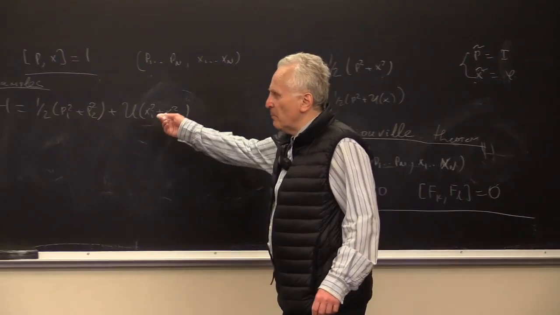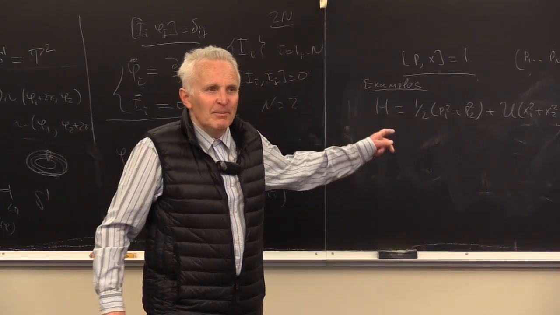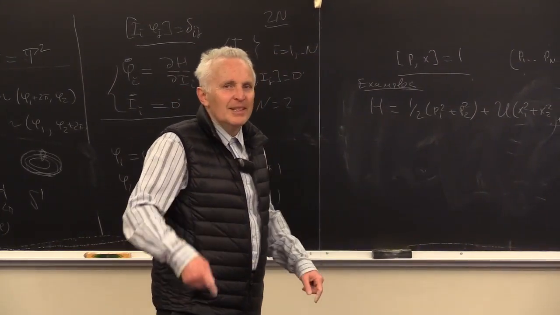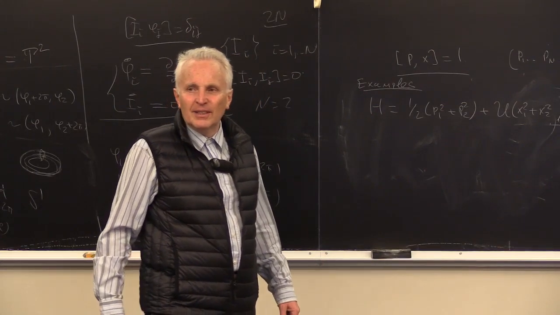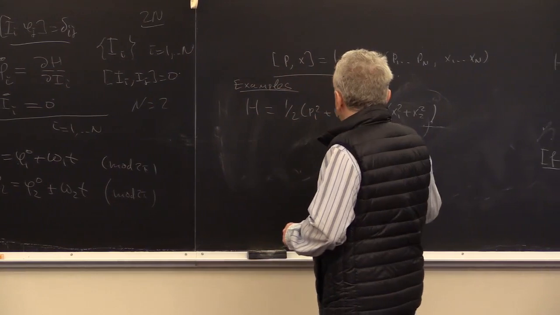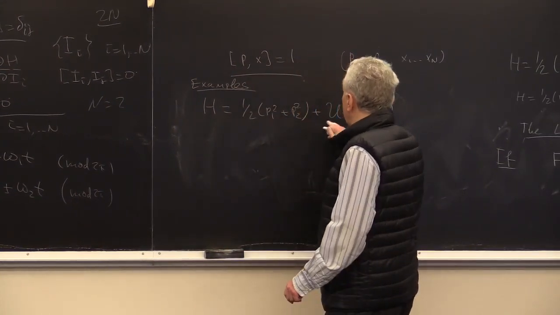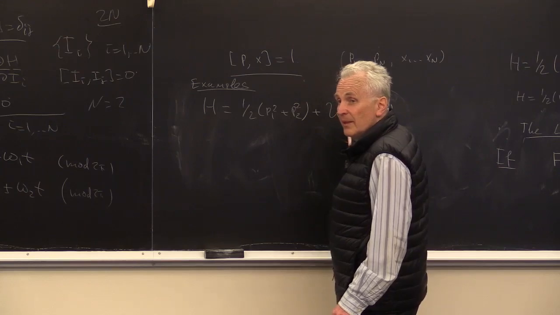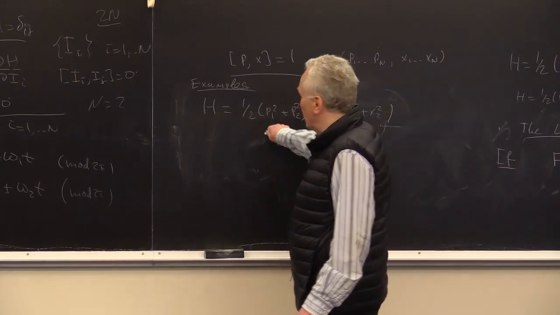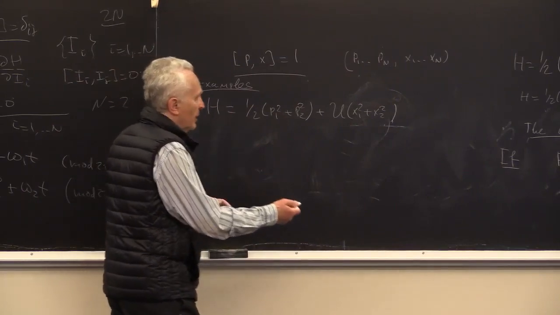Well, I guess from the way I phrased it, it's obvious that this is completely integrable. But still, what are the conserved integrals? P1 squared plus P2 squared by itself, no. If you take only this, it will not commute with the Hamiltonian, so it will not be an integral. The integrals commute with the Hamiltonian.